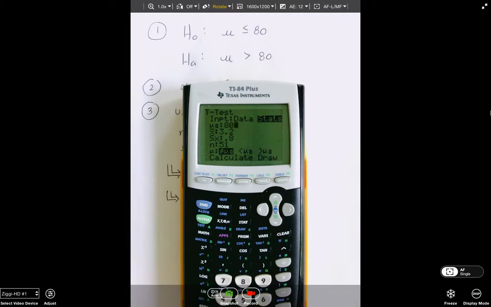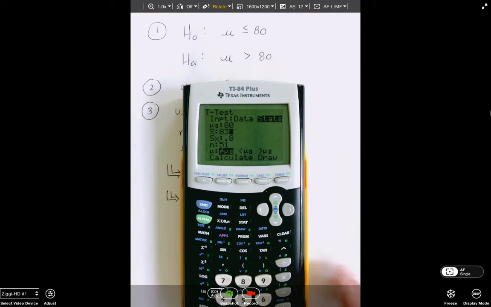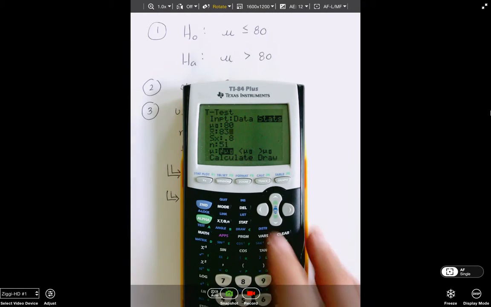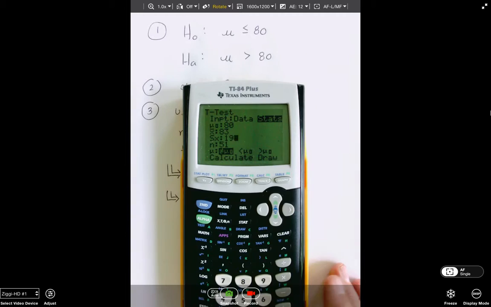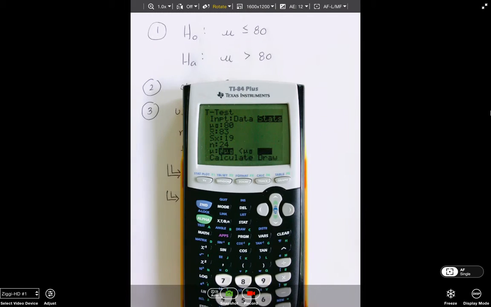So I'm testing 80. The exam score was 83 for the 24 students. Standard deviation 19. 24 students showed up to take the final exam. But I am testing greater than. Come down, hit calculate. I get my values.